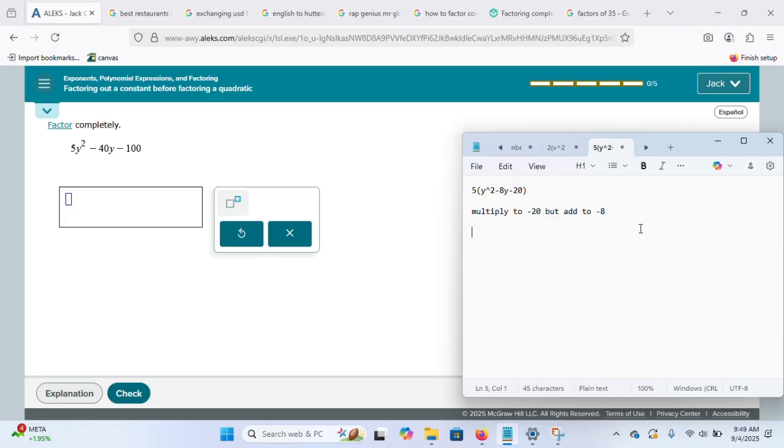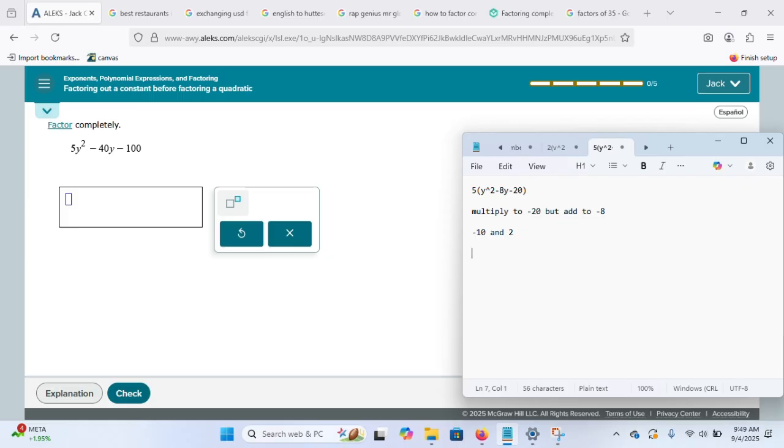Okay, so check this out. We can get negative 10 and 2, because those multiply to -20, but they add to -8, because remember, adding a negative is the same as subtracting. Interesting to think about it that way.